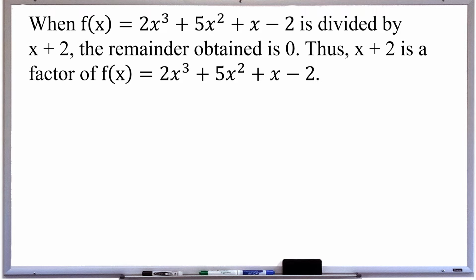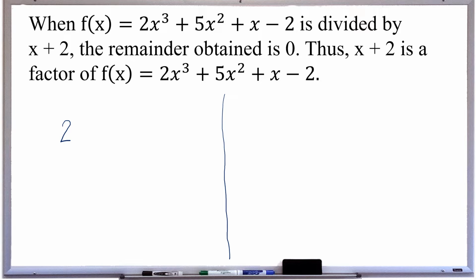For this example, I am going to show you that the remainder is 0 if we divide 2x cubed plus 5x squared plus x minus 2 by x plus 2. We can do this by two methods: synthetic division, and the remainder theorem. For synthetic division, just write the numerical coefficients of the polynomial function.